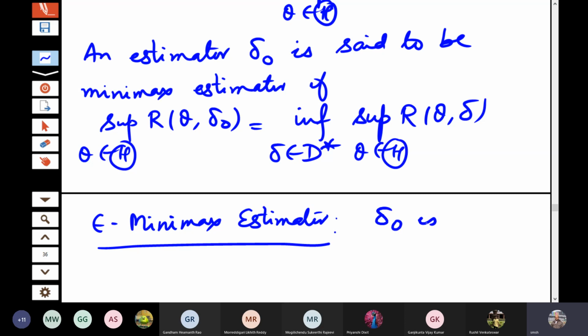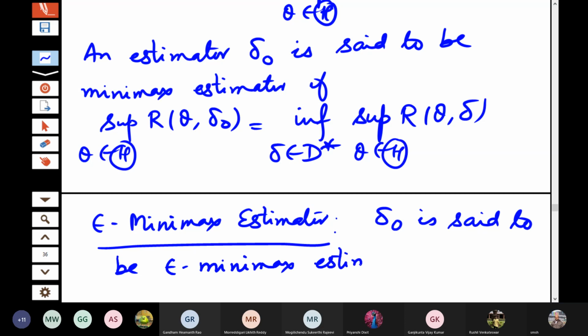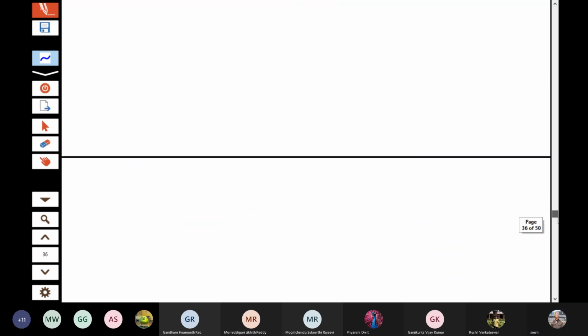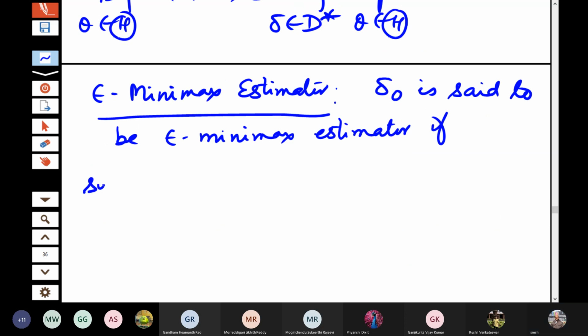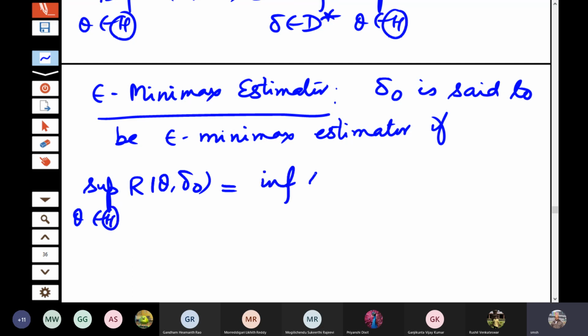So delta naught is said to be epsilon minimax if the maximum risk of the estimator delta naught is within epsilon of the minimum of the maximum risk.